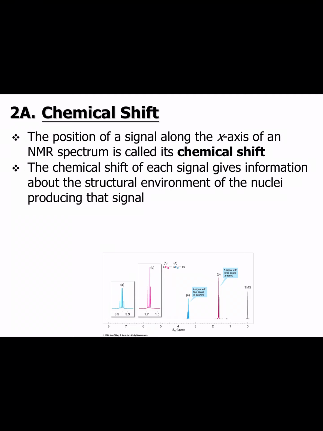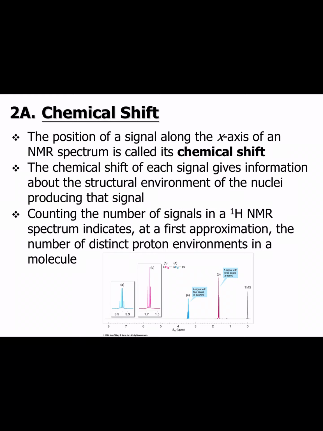Okay, now the position of the chemical shift. The position of a signal along the axis of an NMR spectrum is called its chemical shift. So this position where we are finding our signals, we call these chemical shifts. The chemical shift of each signal gives information about the structural environment of the nuclei producing that signal.